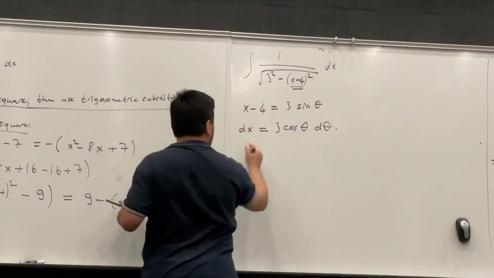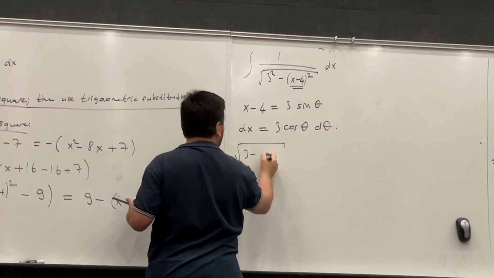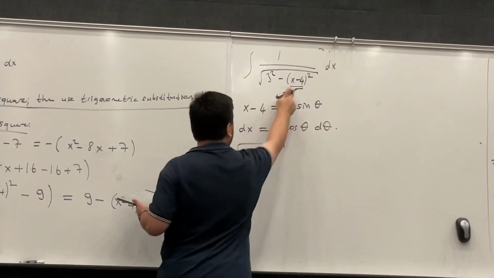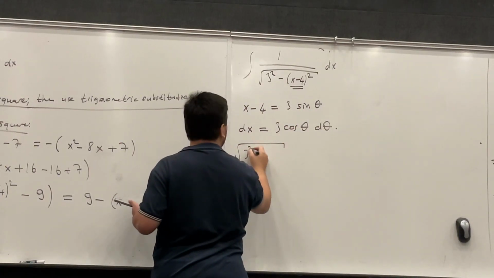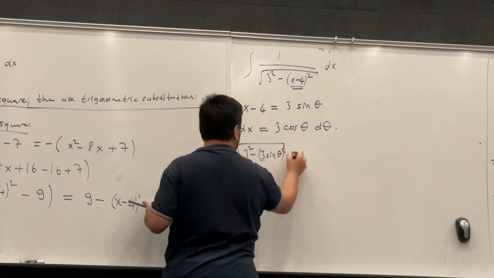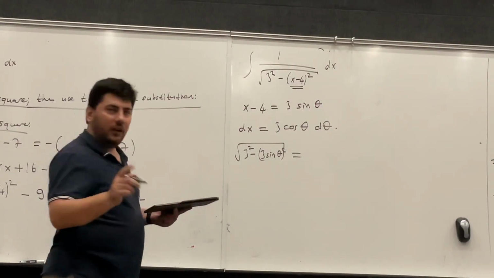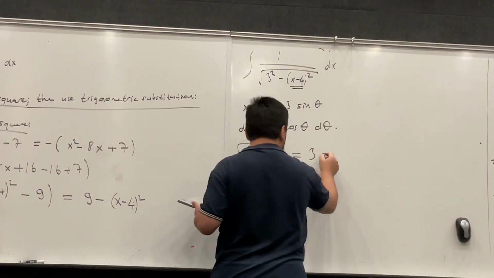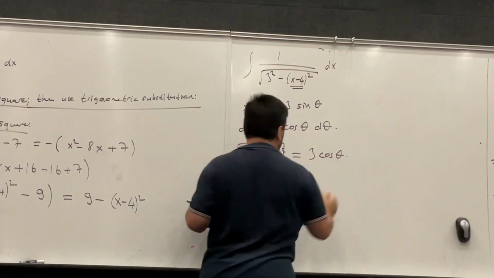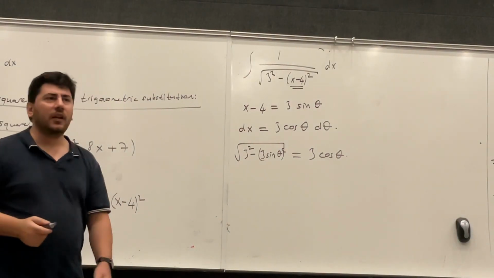We need this expression in terms of theta, so we are replacing x minus 4 by 3 sine theta. If you calculate this, what are you going to get? 3 times cosine theta. Does this make sense? Any questions?